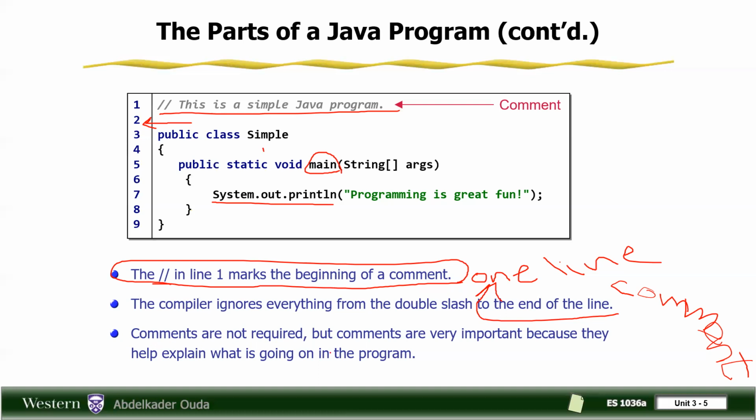Comments are not required, but comments are very important. Why are comments very important? Because they help explain what is going on in the program. Now don't think about simple programs that you are writing in homeworks or assignments. If you go to a company, whatever you become, a mechanical, robotics, electrical or software engineer, sometimes you need to write programs.